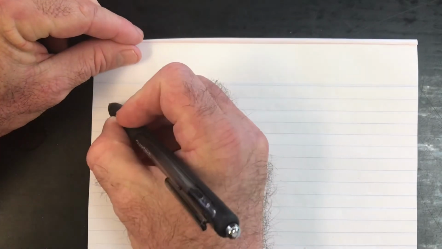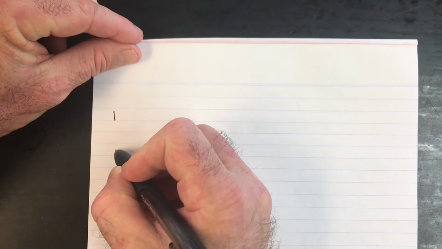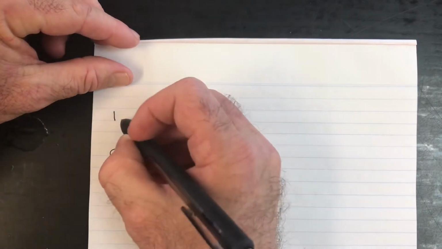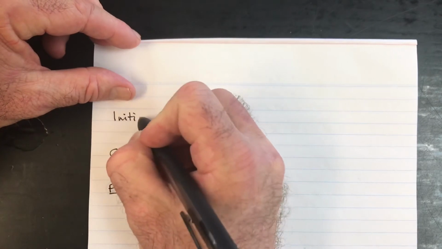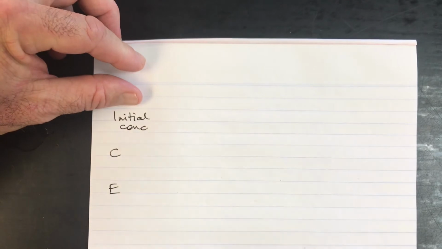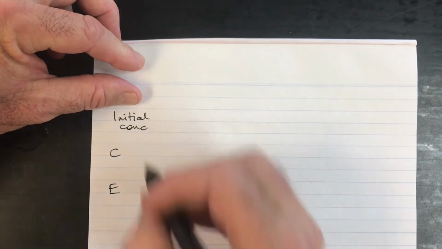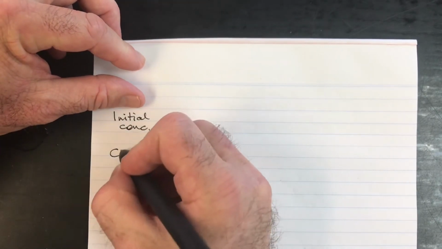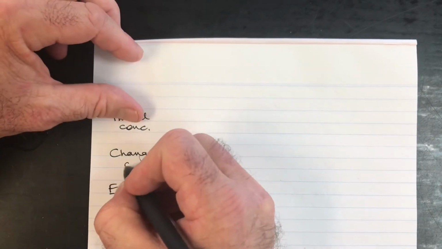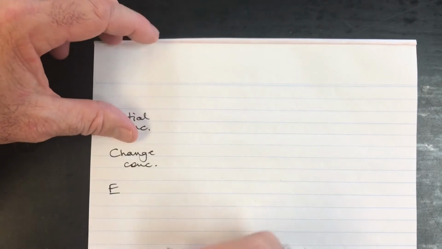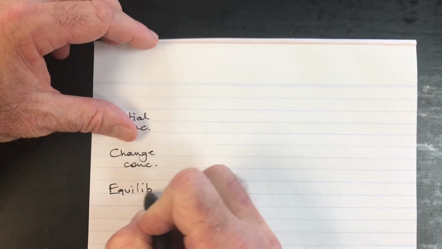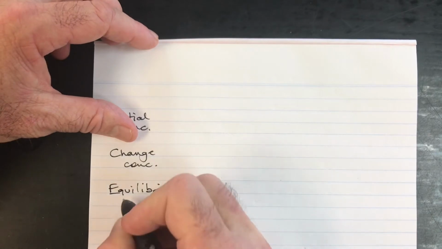Remember, ICE stands for I for initial concentration, the change in concentration, and the equilibrium concentration.